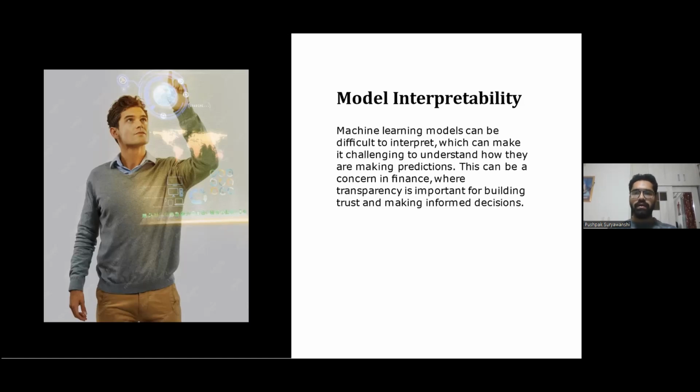It only describes the decision it has made. It does not describe how and why it made a particular decision. So it does not explain the result. Model interpretability is a major issue in considering machine learning models in the finance industry.